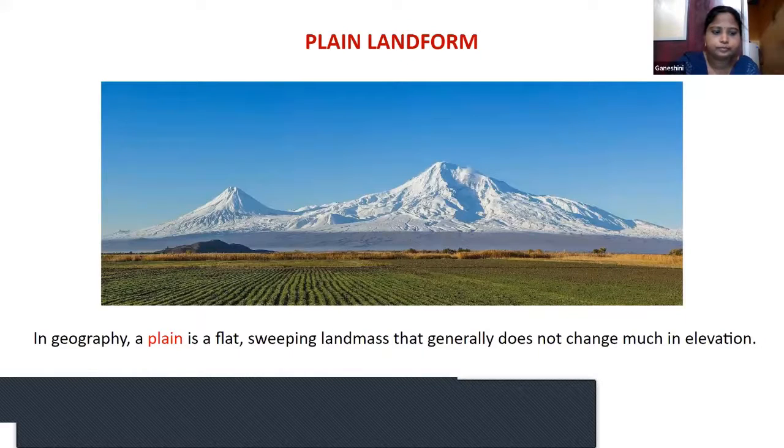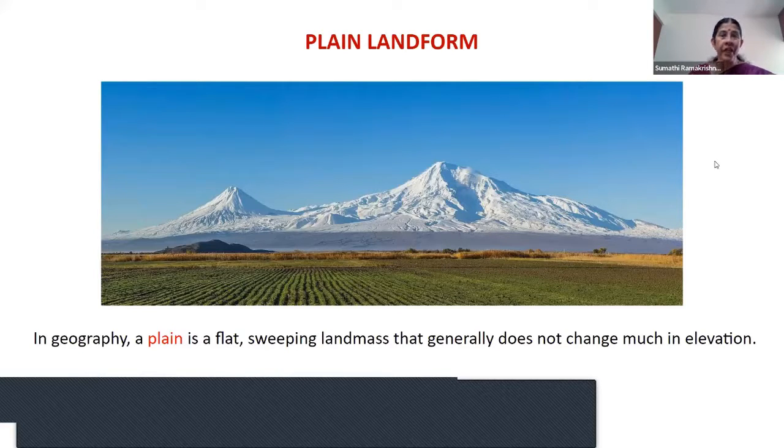Now, a plain. Theoretically, it is divided into 4 types, but we need not talk about all those 4 categories. Generally, for children at primary level, you can say a plain is a flat land. It generally does not change much in elevation. The height difference is not there. It will be flat everywhere.